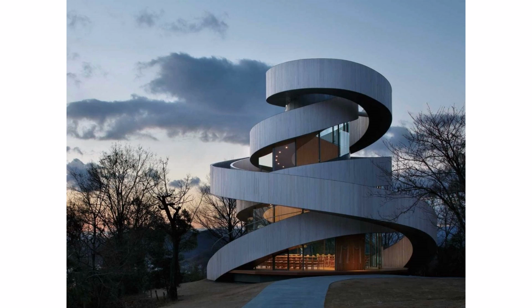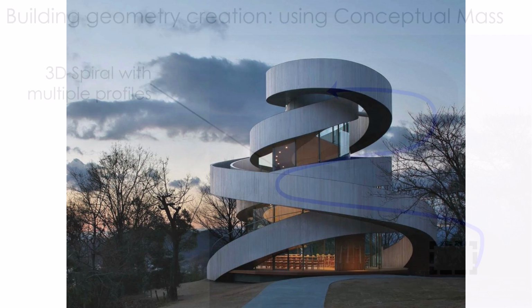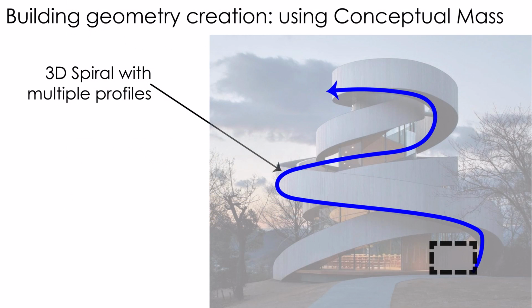This one is a real fun one. And again, you might look at it and go, what the, how am I going to create that? No way. But really, it's just a spiral. It's actually a couple of spirals. And the spirals have a rectangular profile. If you take that profile and you sweep it along this spiral shape, that's it. You're done. There's nothing else that needs to be done.